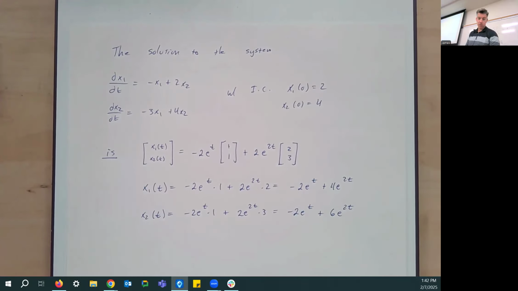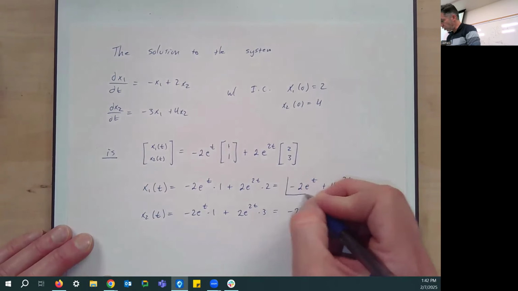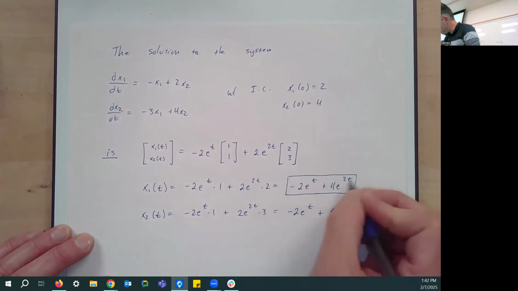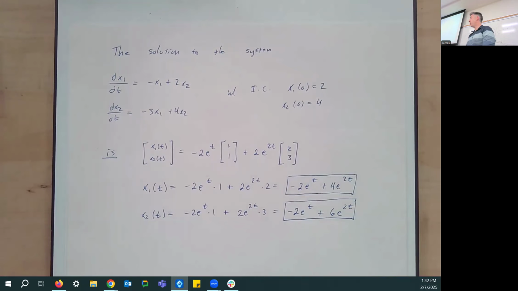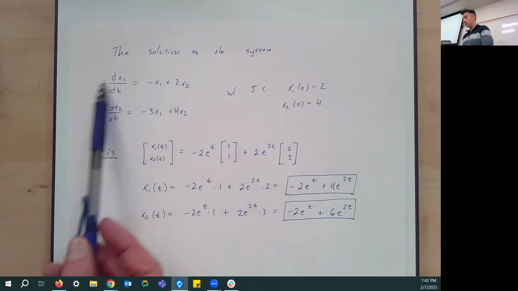Let's see. Question? Good question. What does this tell us? It tells us that this is a solution to this system of differential equations.